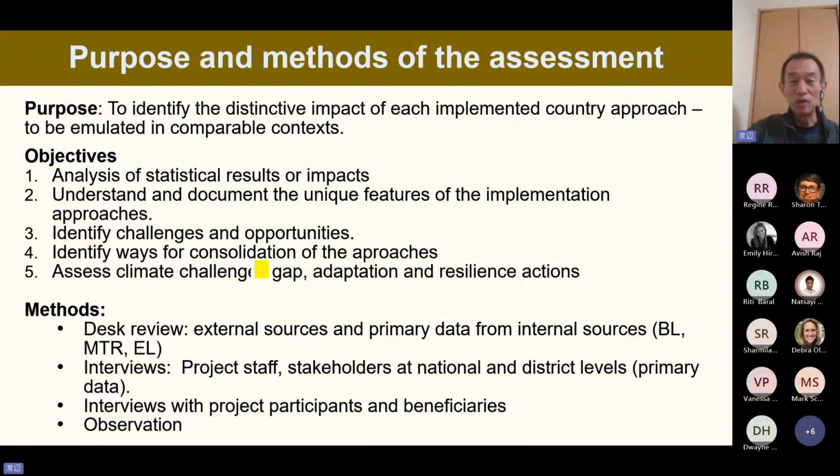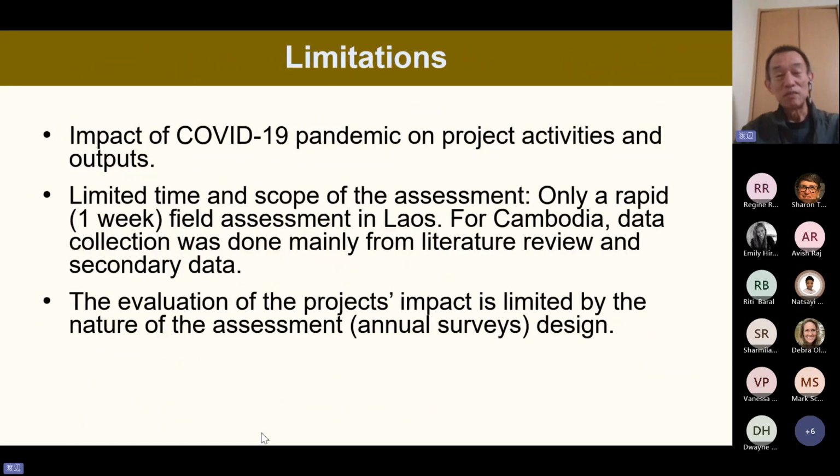I interviewed key people at the district, provincial, and community level, even the beneficiaries. I also observed some of the project activities and some materials used. Before starting the result of the assessment, I'd like to highlight some limitations.